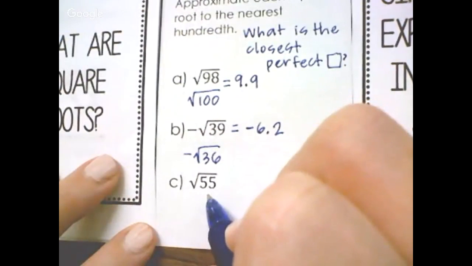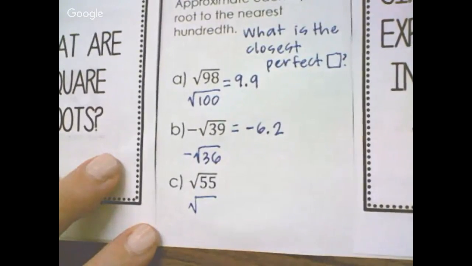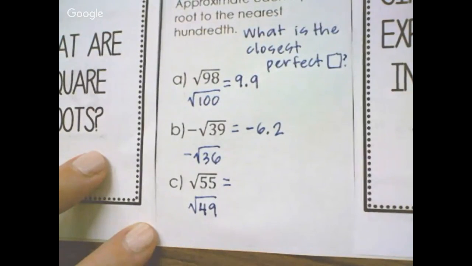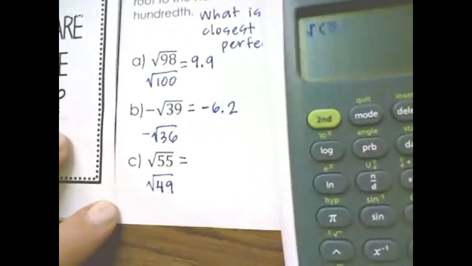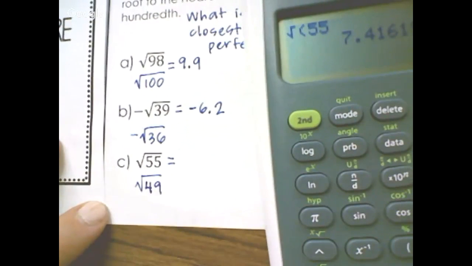All right, square root of 55. Let's see, I'm close to 49 and 64. 49 is the closest, so it should be about 7. Let's see, square root of 55, 7.41.